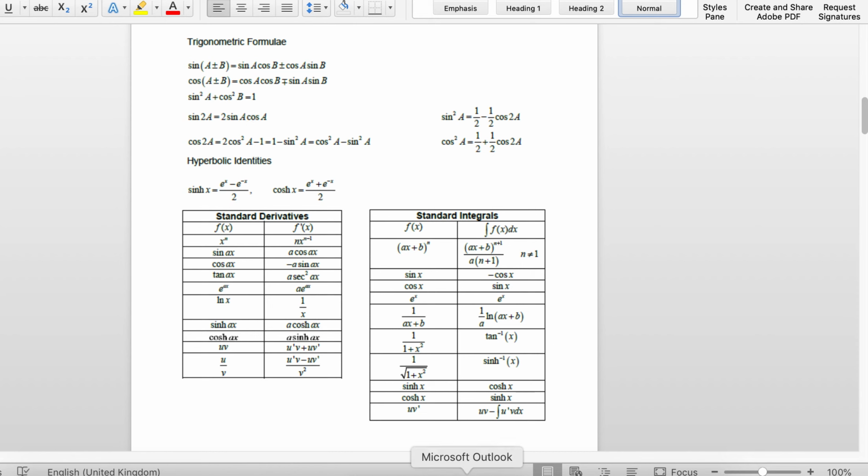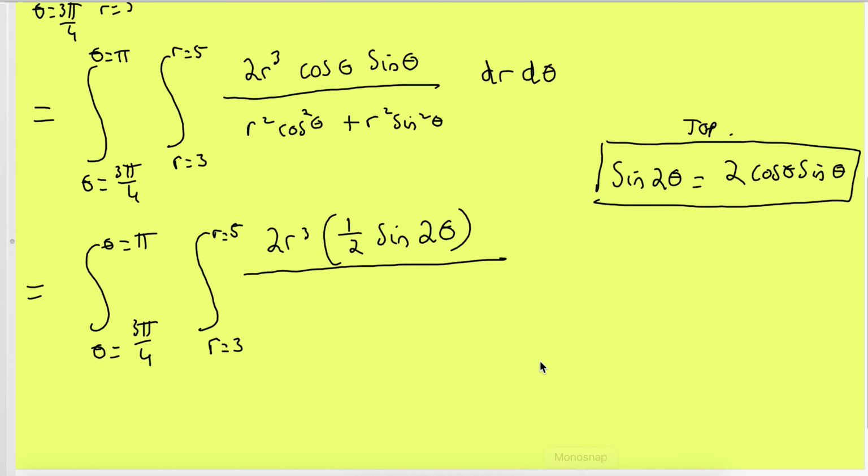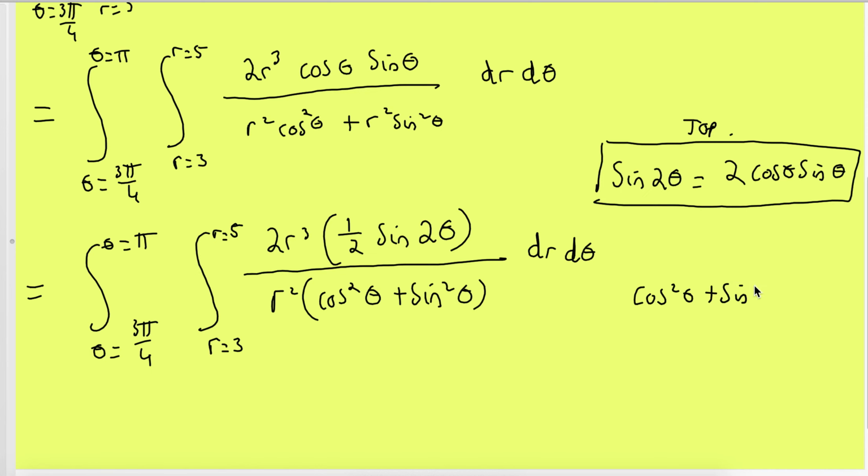So if I take out that r squared as a common factor, that means I've got cos squared theta plus sine squared theta. I've still got dr d theta, but I know that cos squared plus sine squared theta equals 1. It's the other trig identity from my formula sheet. So that means I can swap 1 in place of all of this stuff here.